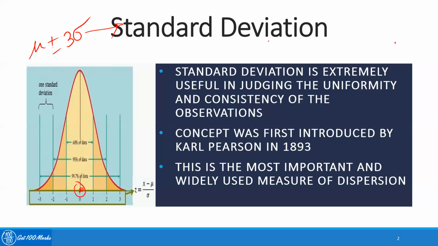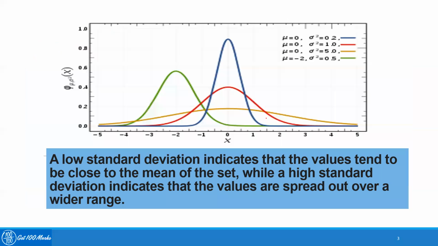So this is the value of the mean. The entire spread from this side to this side will be together mu minus 3 sigma to mu plus 3 sigma. Probably in a future video, I'll discuss the normal distribution in more detail. Therefore, a low standard deviation indicates that the values tend to be close to the mean.